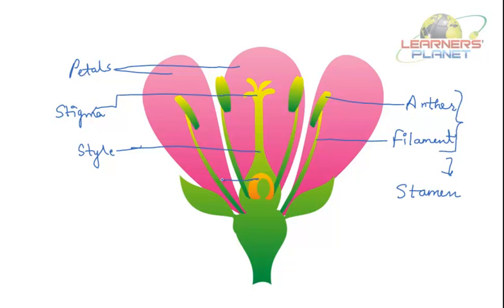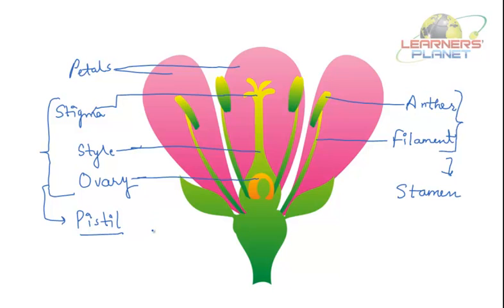And here you can see a round structure, protected by the petals, which is the ovary. Together the stigma, style and ovary are termed pistil. So pistil is the female reproductive part and stamen is the male reproductive part. These are the male and female organs in a complete flower.